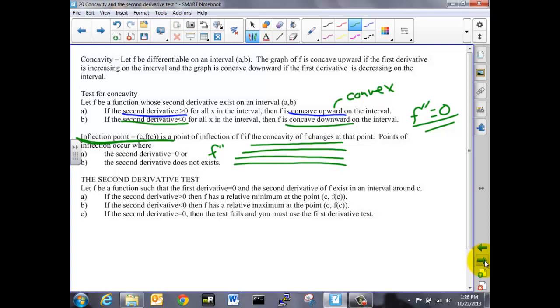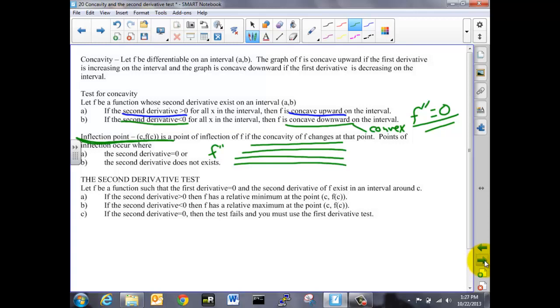Convex is a word that I shouldn't have introduced, okay? Convex is the same as concave downward. Oh, I wrote this wrong. This is convex. Concave means it's caved in.